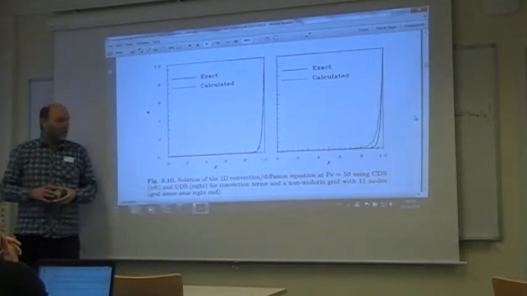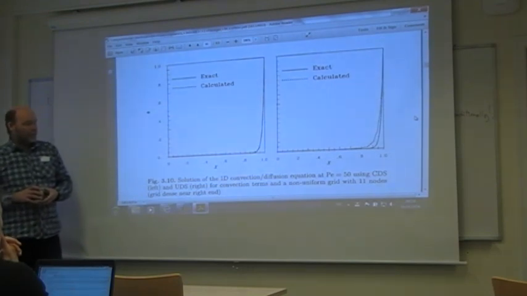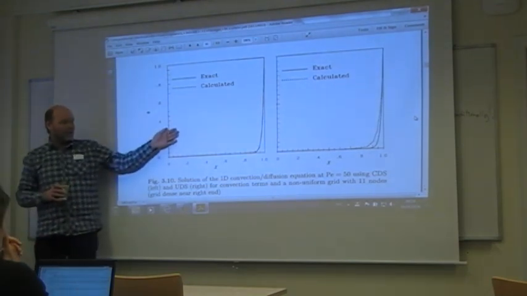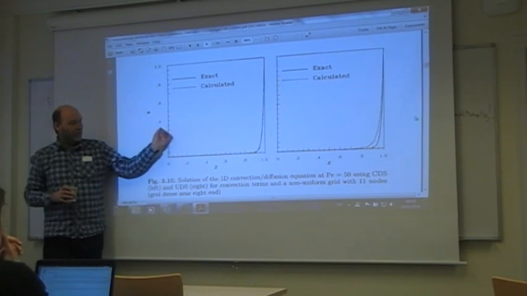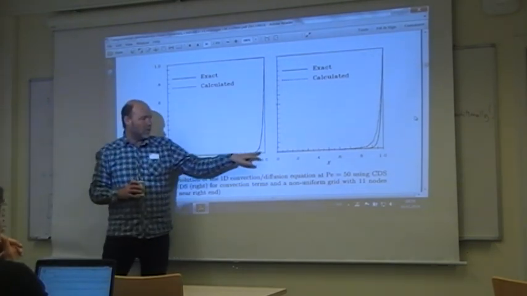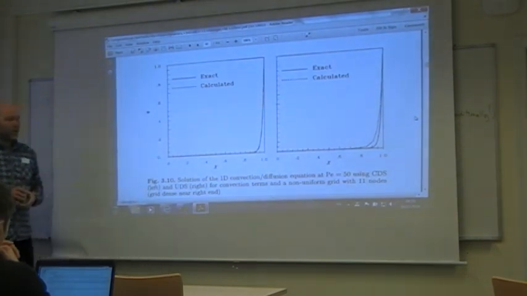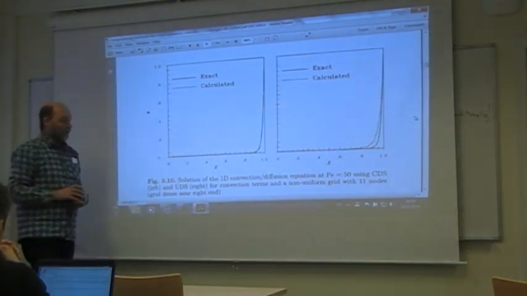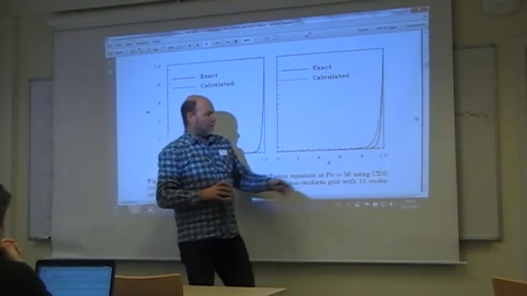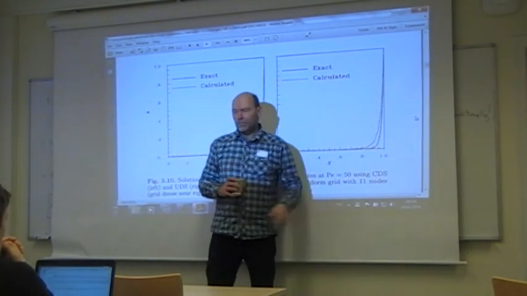Although the average cell Reynolds number here was 5, you have quite small cell Reynolds numbers in the area where you have the sharp gradients. For the upwind scheme, well, it still really doesn't help much.